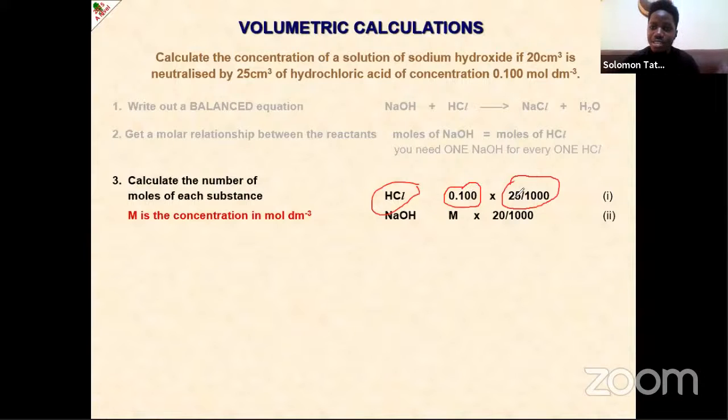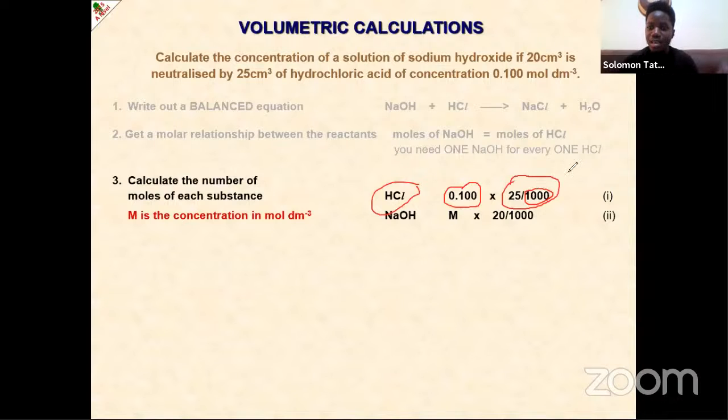Our volume is in cubic centimeters, but our molarity is in decimeters cubed. So we divide by 1,000 to convert to decimeters cubed. It's very important. That's where the 1,000 comes from. Always, volume in the laboratory is measured in cubic centimeters, because that's how our apparatus is calibrated. So the 1,000 helps us convert into decimeters cubed. So that's it: molarity times volume.